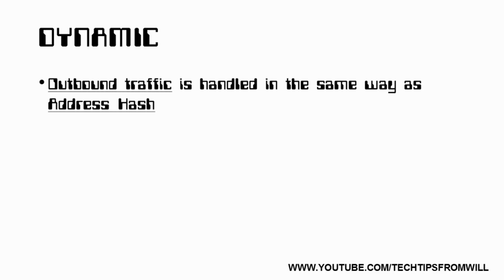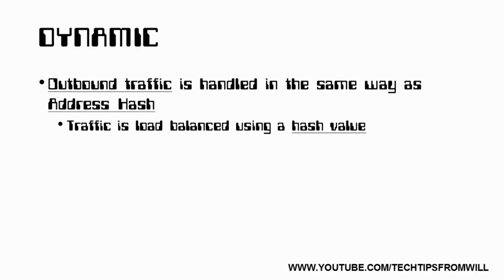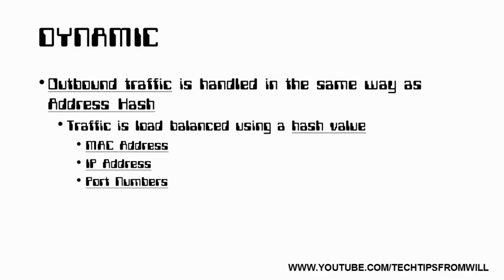Dynamic load balancing handles outbound traffic in the same way as address hash. That is, outbound traffic is load balanced across the adapters based on a hash value that is calculated from either the MAC address, IP address, or port numbers of the destination computer.